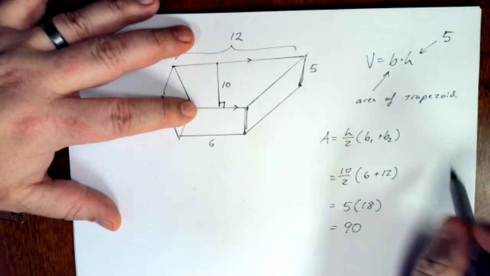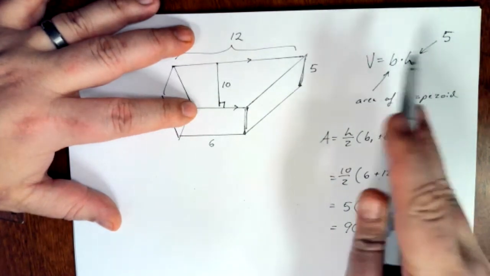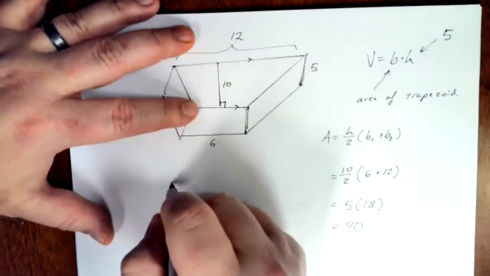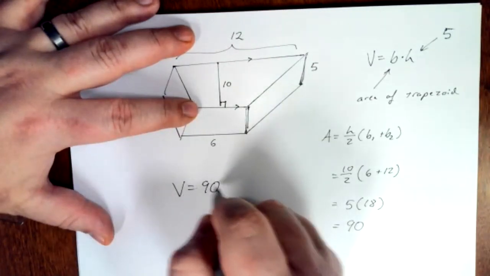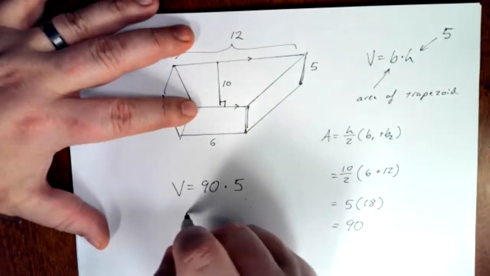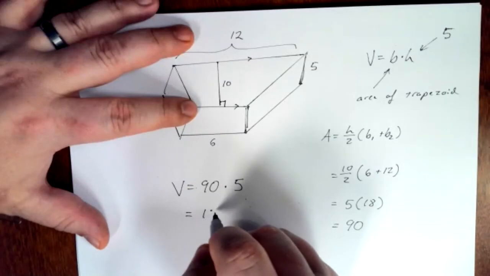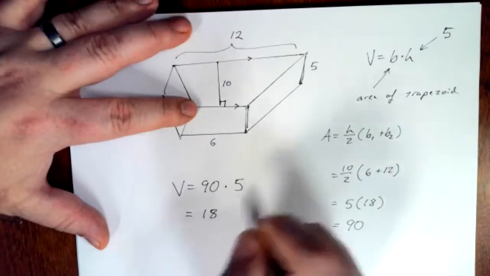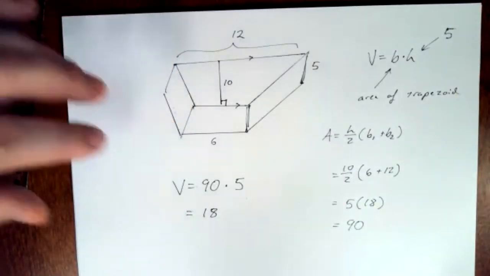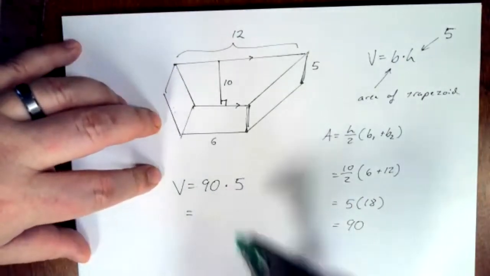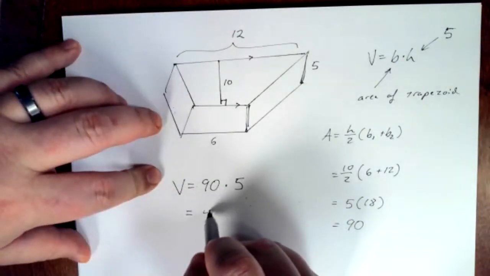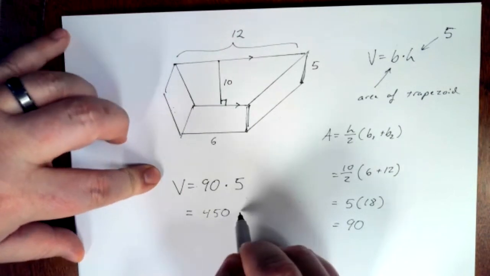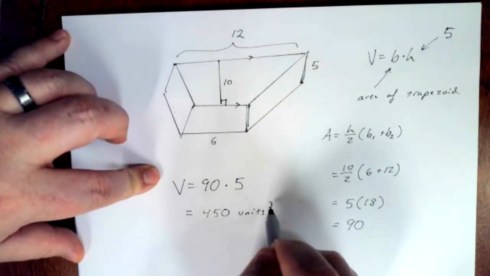And so now I can stick that 90 up into the big formula. And the volume is 90 times 5, which is 450. Okay.